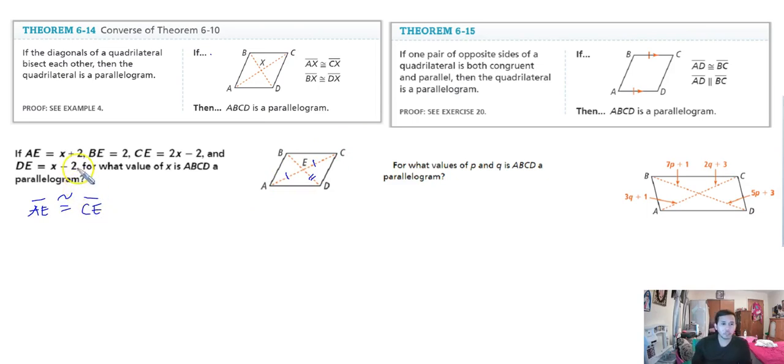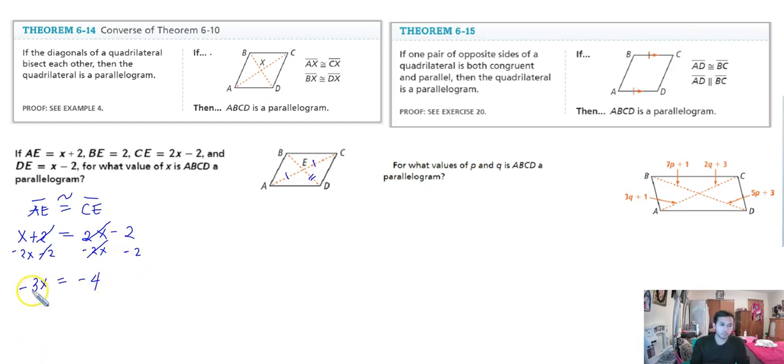So AE, x plus 2, is equal to CE, 2x minus 2. I can subtract 2x from both sides, and then subtract 2 from both sides. Of course this will be cancelled, and this will be cancelled also. That is negative 3x is equal to negative 4.